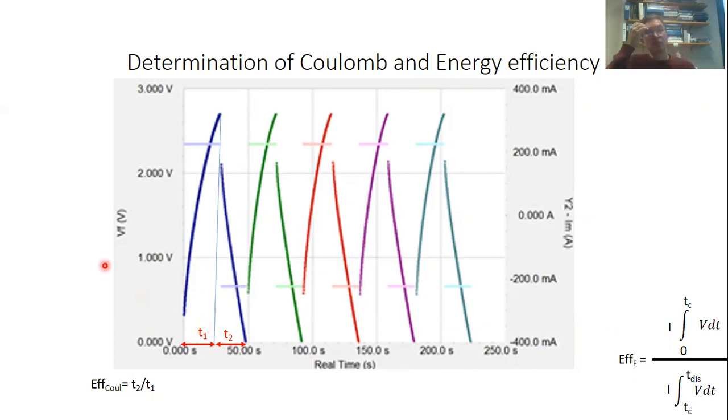Voltage times the time is nothing else but the integral underneath a charge or discharge curve, respectively. So if I measure the integral underneath the charge curve and multiply this with the constant current with which I charge, which I know, then I have determined the energy that is actually used in order to charge my capacitor.